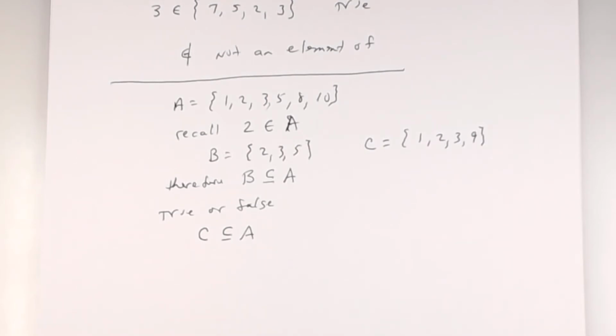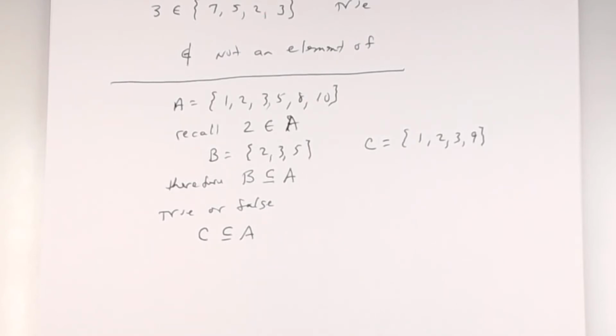False. Why is it false? Because it has a different element. Okay, because in order for a set to be a subset of another one, every element of that set has to also be an element of the other set. So for it to be not a subset, you have to find one element that's not in the other. So is there an element in C that's not in A?